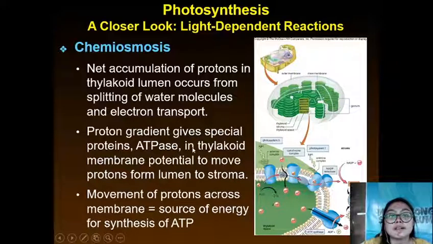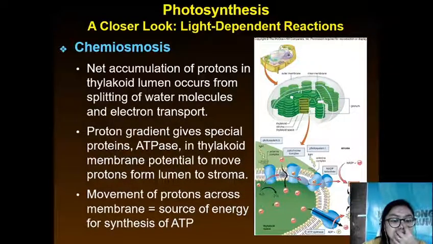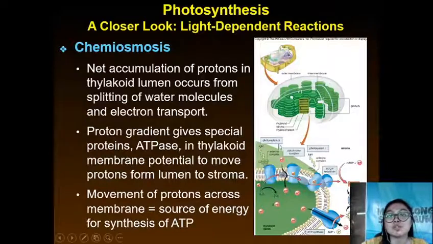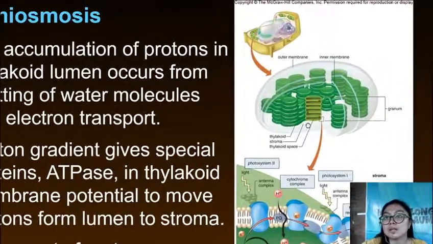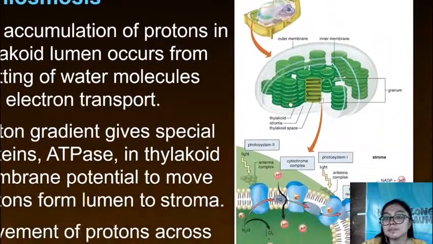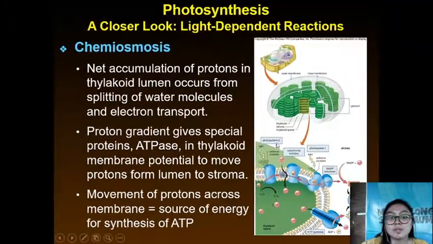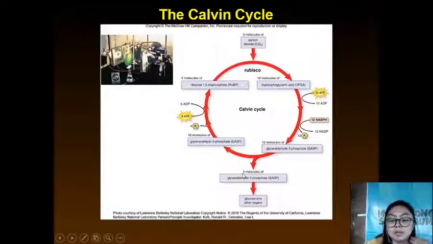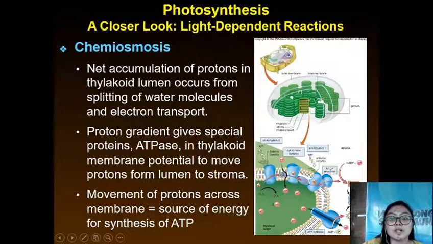The proton gradient gives special proteins, ATPase in the thylakoid membrane, the potential to move protons from the lumen to the stroma. So the movement of protons across the membrane is a source of energy for the synthesis of adenosine triphosphate.